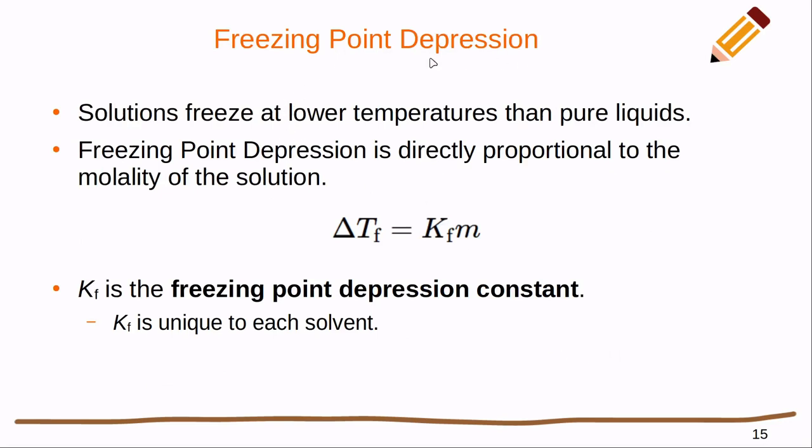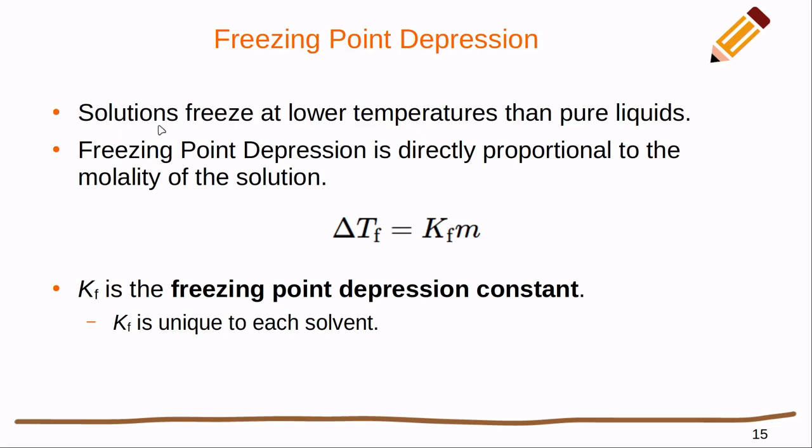Okay, let's talk about freezing point depression. We have seen this in our lives before. When we have icy roads, we add salt to them, and all of a sudden that ice will start to melt. That is an example of freezing point depression. We've lowered the temperature required to get something to freeze.